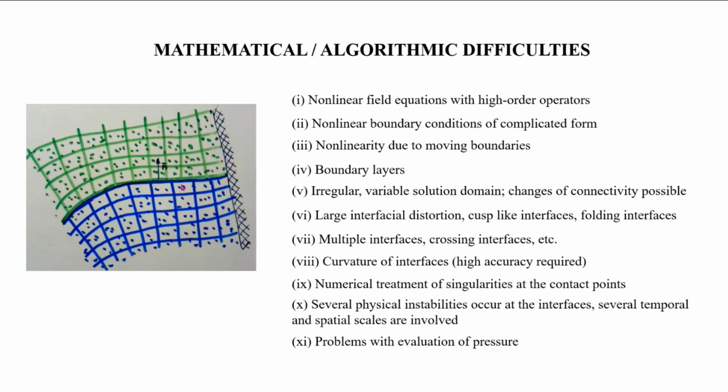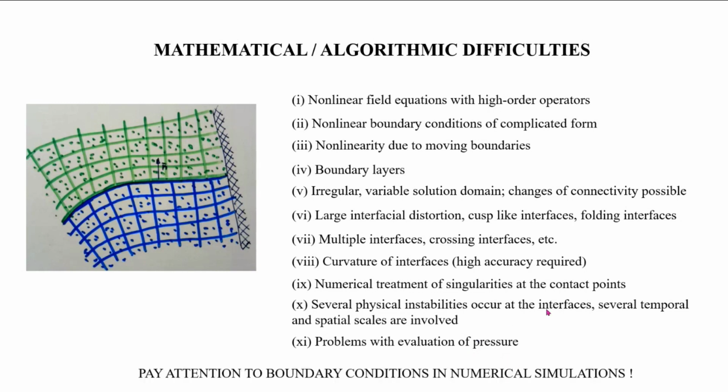And at interfaces, typically we have to determine absolute temperature, so this has to be quite accurate. And probably, as you know, in computational simulations, boundary conditions play an enormous role. We can have proper treatment of field equations, but boundary conditions may defeat our algorithm. So now let's look at theoretical issues.